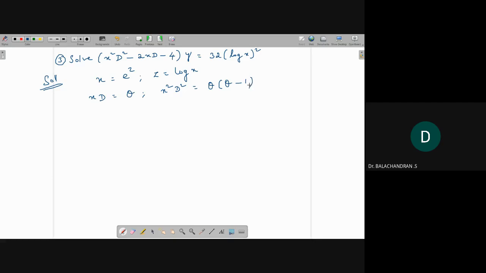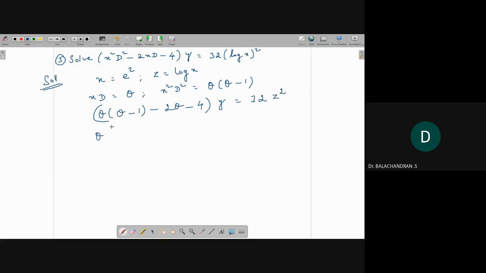Now substitute everything in the given problem. Theta into theta minus 1 minus 2 theta minus 4, into y equal to 32 z square.